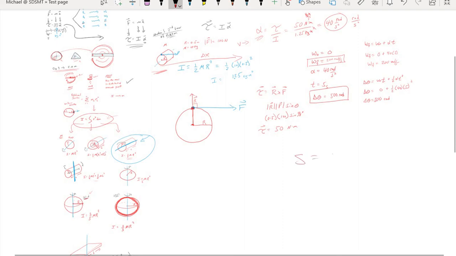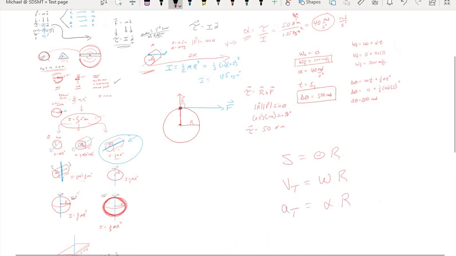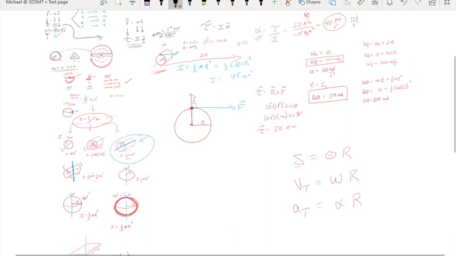We know that we can take things like angular displacement, angular velocity, angular acceleration, and we can convert those back to the linear equivalents.